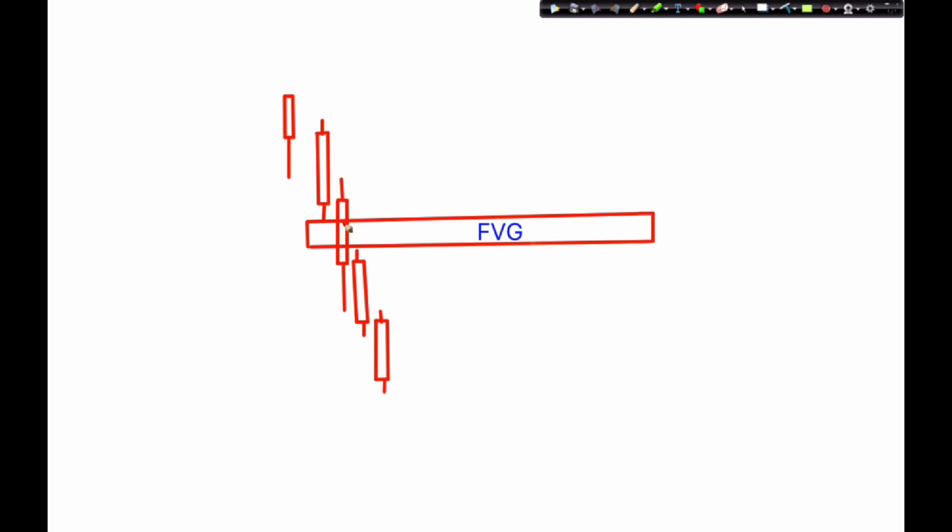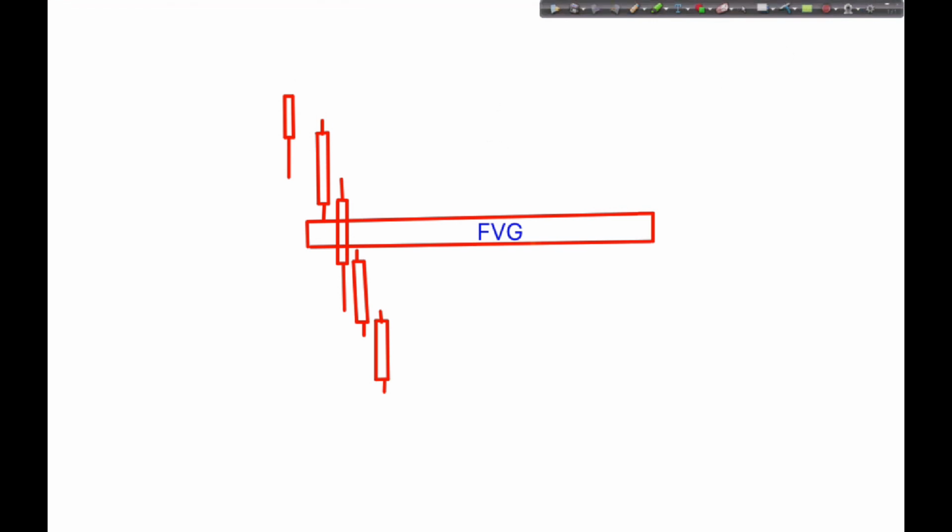Now, let's say you have candle 1, 2, 3. When you look at candles 1, 2, 3, usually the candle in the middle should never be left with any gap. What am I trying to say?